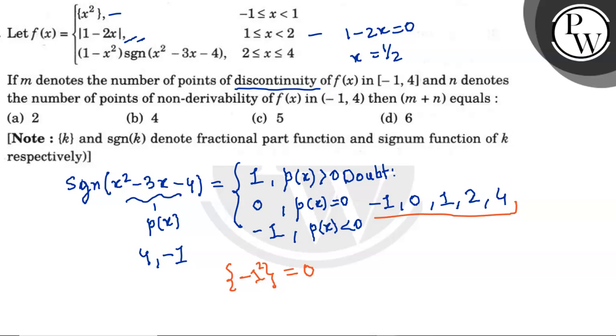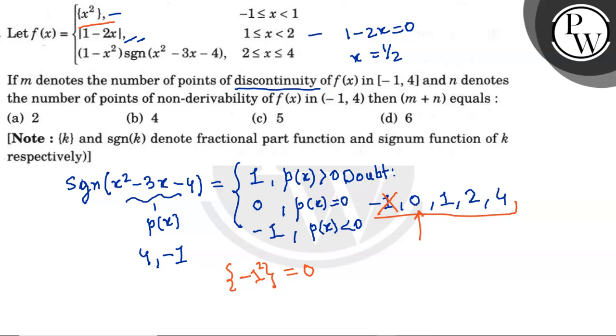So this is continuous at -1. Now if you check at 0, then it is discontinuous because the fractional function is discontinuous. So one point we have is a discontinuity at x equals 0.